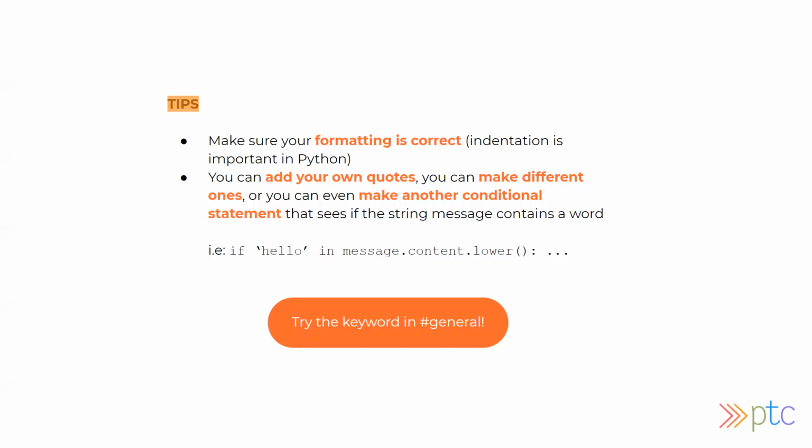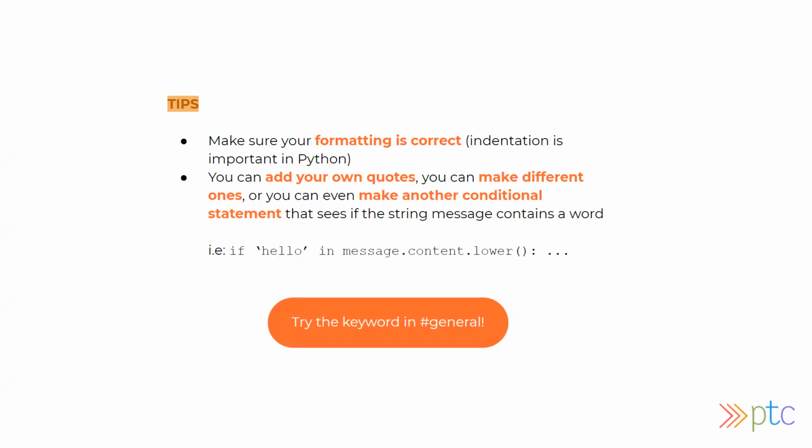You can add your own quotes. You can make different ones, or you can even make another conditional statement that sees if the string message contains a word. Message in chat to ask the host to search online for this. Let's say if the string hello in message.content.lower, a dot lower just makes whatever string that's been passed in Discord lowercase.